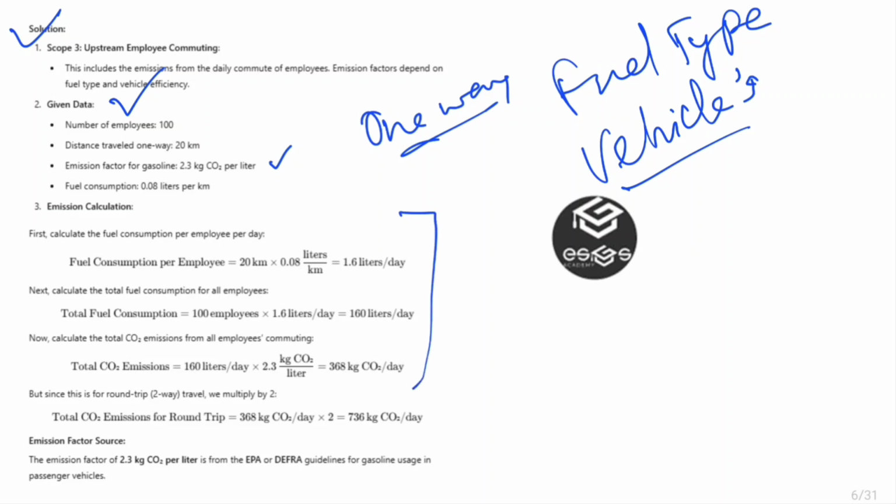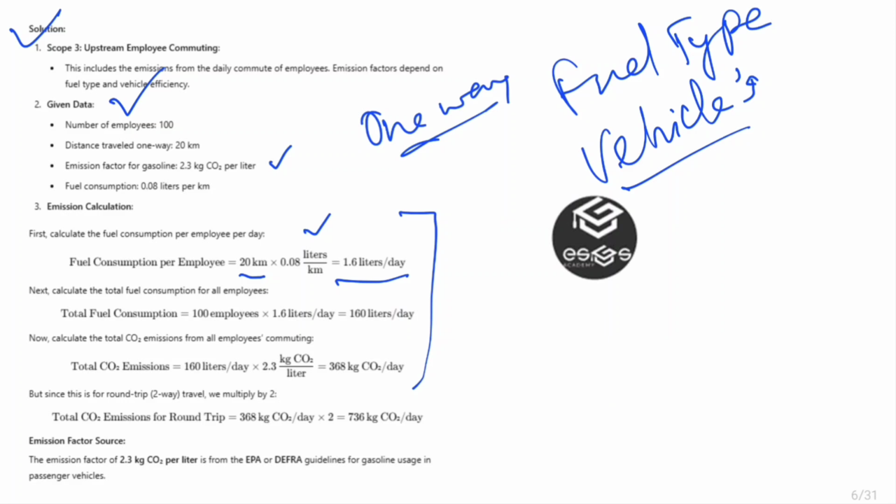So what will be the calculation? First we need to calculate fuel consumption per employee per day. We multiply the kilometers one way with the fuel consumption, that is the efficiency. The answer is 1.6 liters per day, that is the fuel consumption per employee.